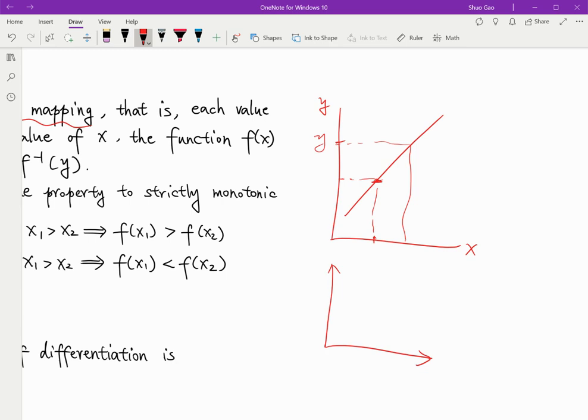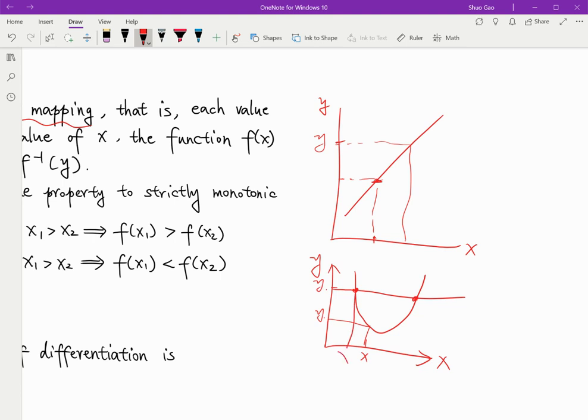For another example, if y is a quadratic function, for each x we have only one y, right? But for each y, we have two x associated with it.